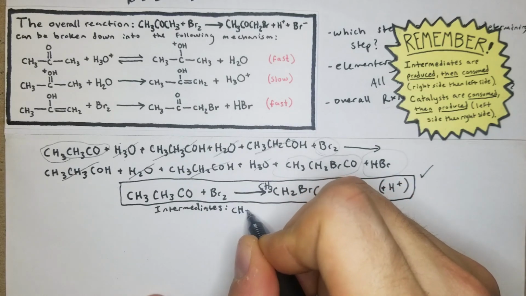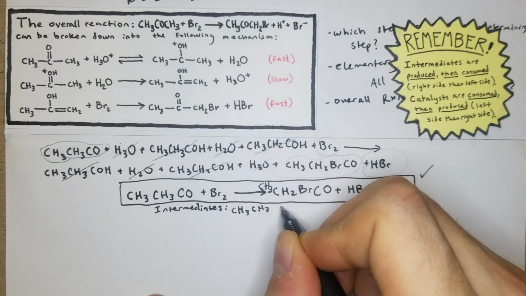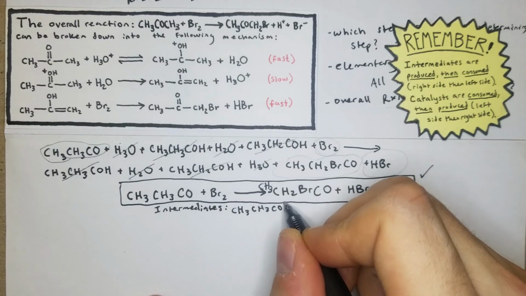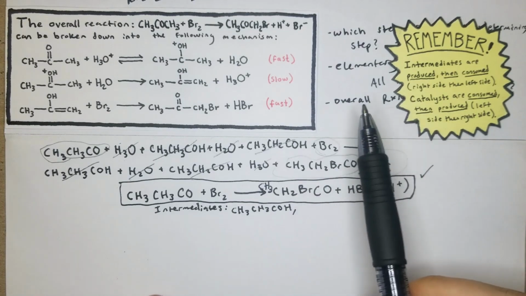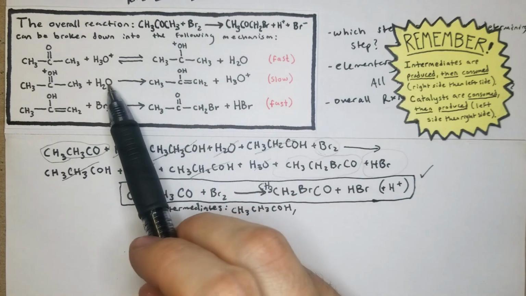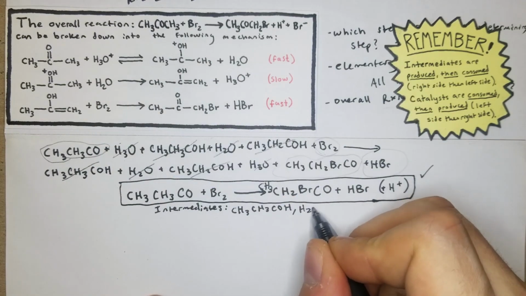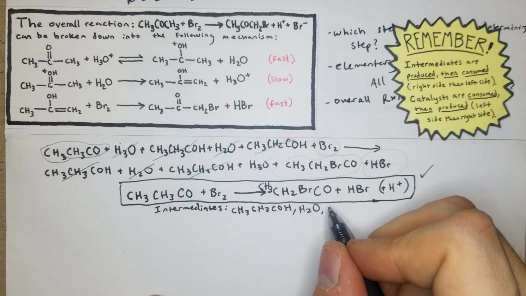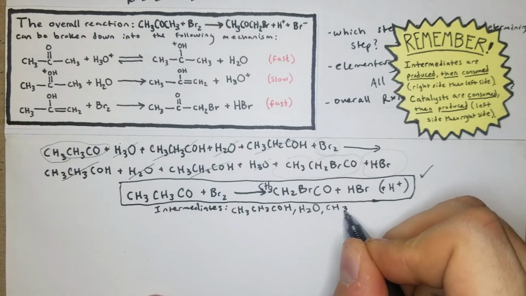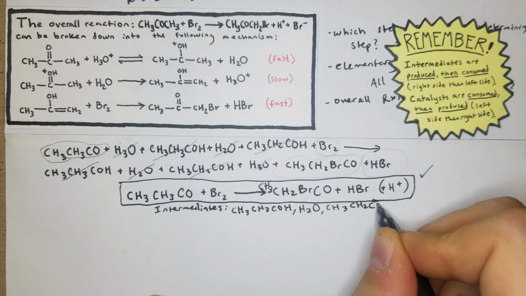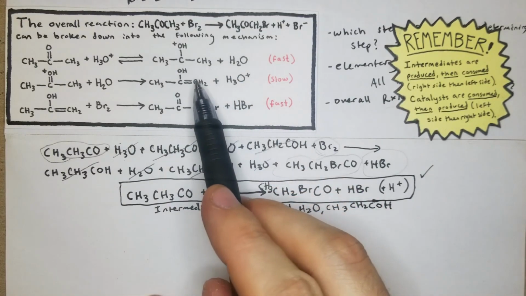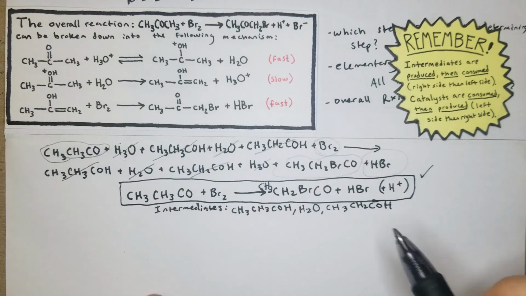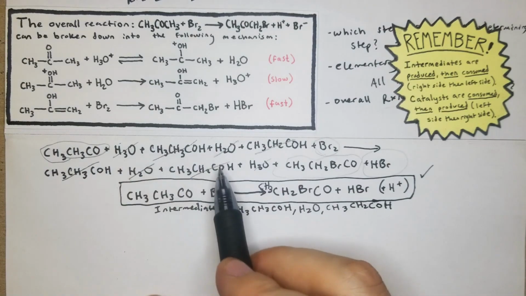That's one of them. Then CH3CH3COH with our H2O starts here and ends here. Then CH3CH2COH is another one, the OH and then the OH. That takes care of most of these.